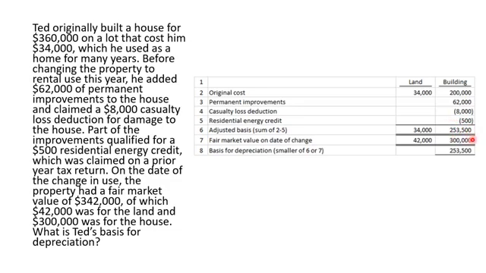Fair market value of the building, $300,000 on the date of the change. Take the lower of $253,500 or $300,000, and that is our basis for depreciation, $253,500.